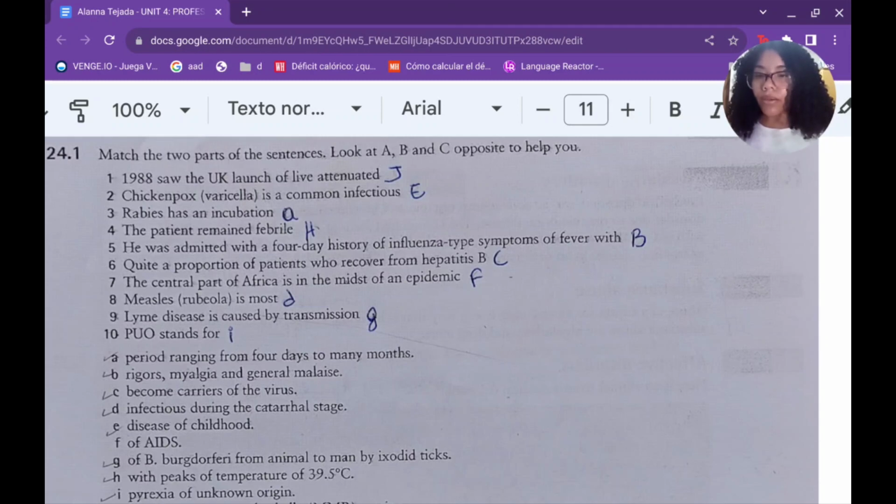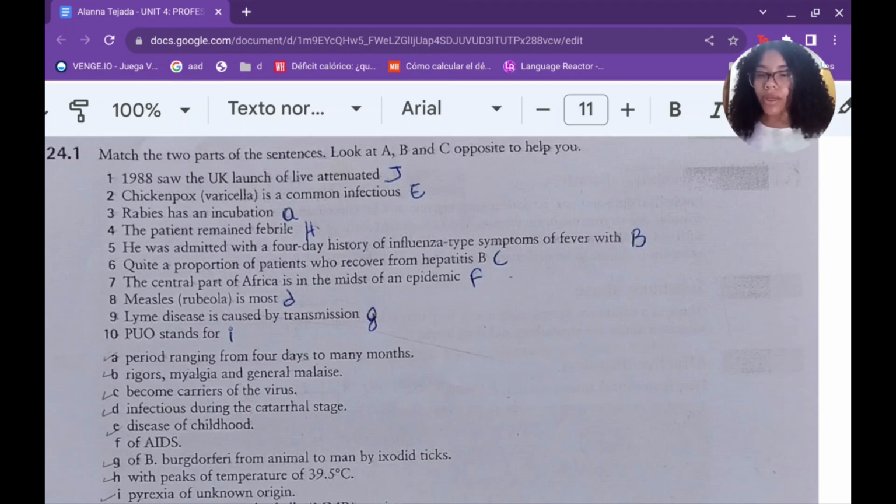He was admitted with a 4-day history of influenza-type symptoms of fever with rigors, myalgia, and general malaise. 6. Quite a proportion of patients who recover from hepatitis B become carriers of the virus.